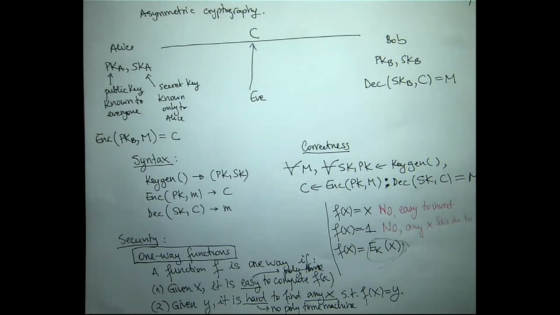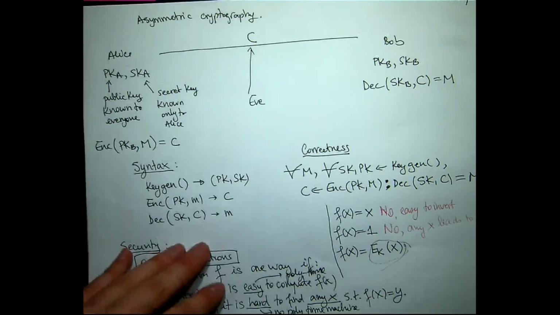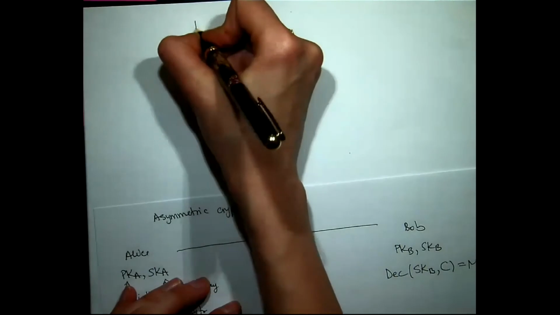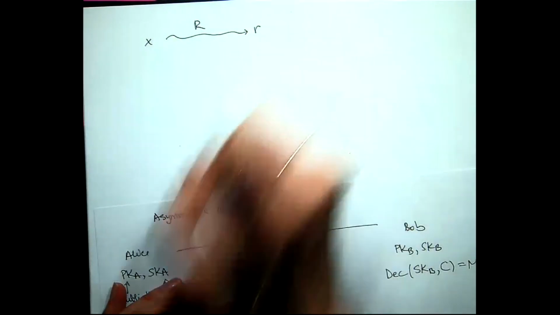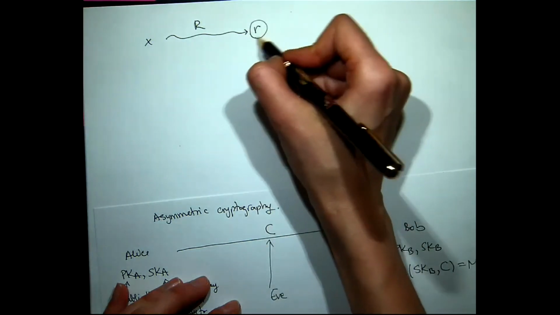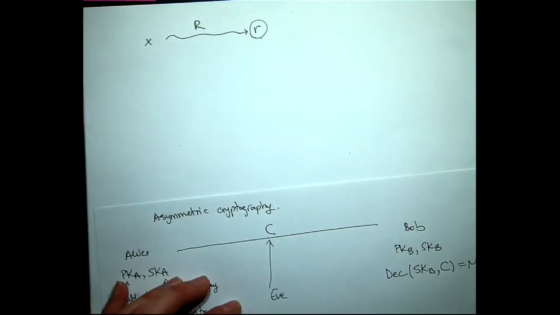Exactly. The block cipher's security guarantee says that it's indistinguishable from a random permutation. Now if I give you a random permutation R that maps some x to a completely random value, and I give you this random value, it's really hard to find the x that led to that R because it's random.